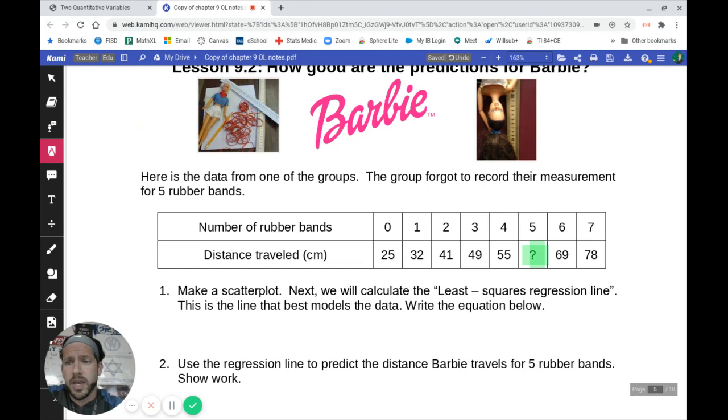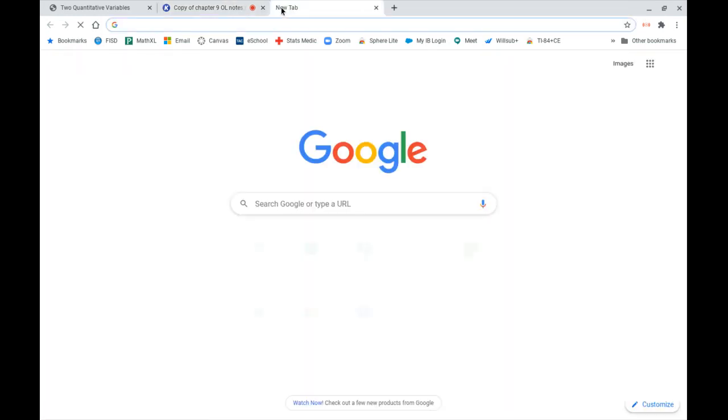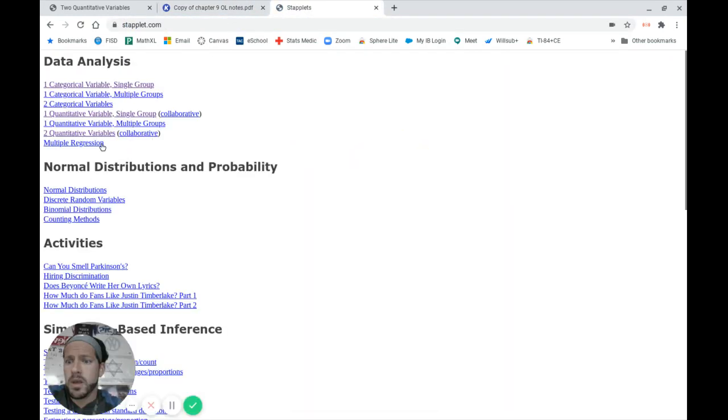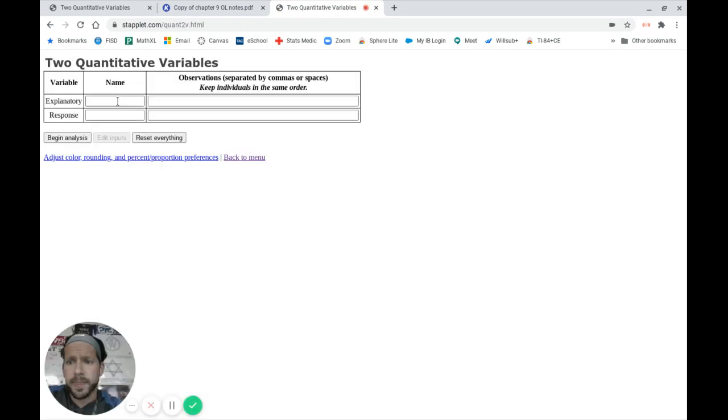So we're going to make a scatter plot and calculate the least squares regression line. So I'm going to open up Statplet. And we want to go to 2 quantitative variables. Our explanatory variable, just like we've had, is number of rubber bands. Our response variable is the distance traveled.